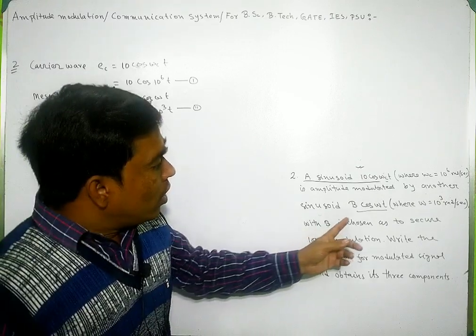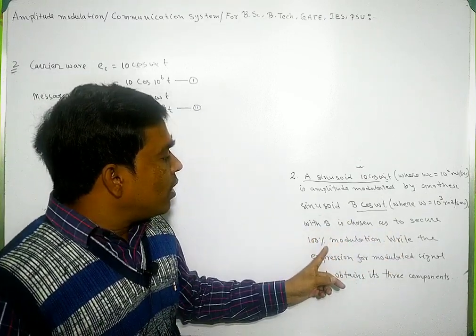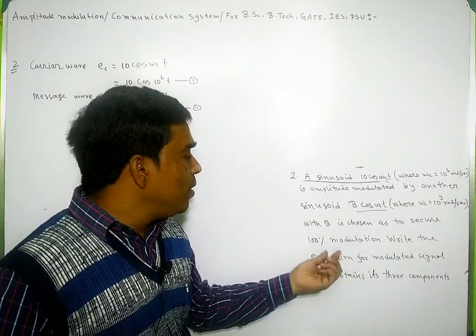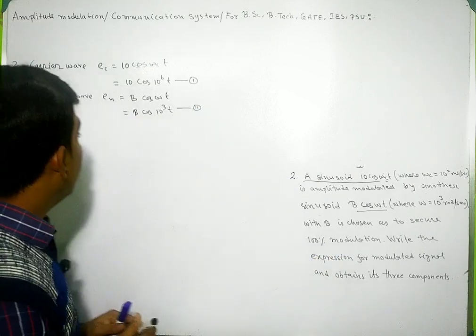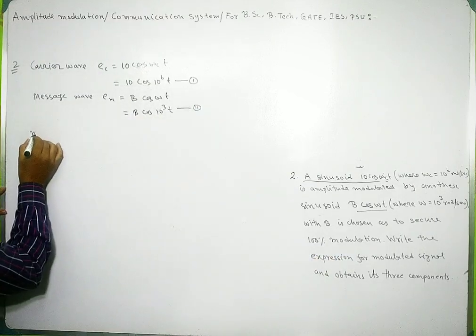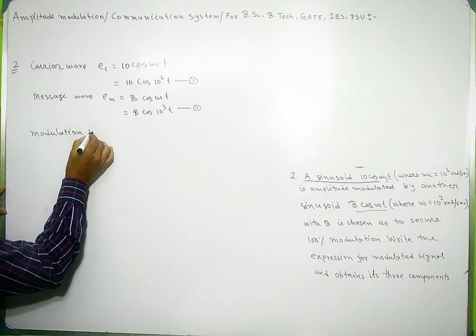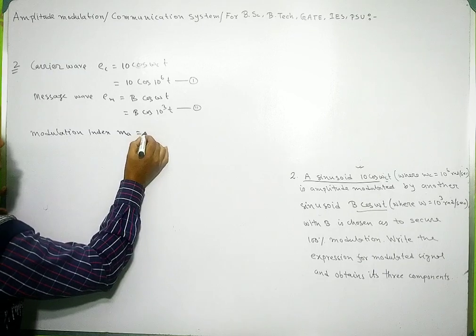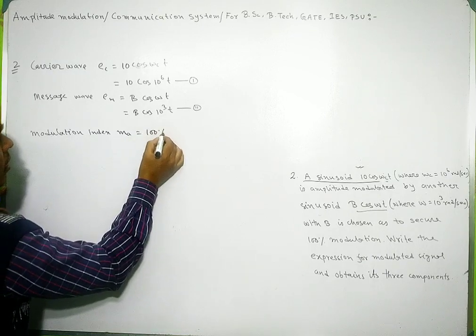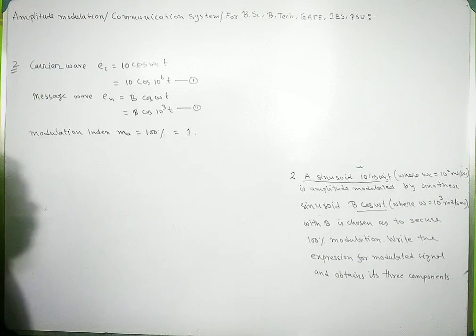Now here b is chosen so as to secure 100% modulation. That means here the modulation index MA is given by 100%. That means the value of modulation index will be 1.